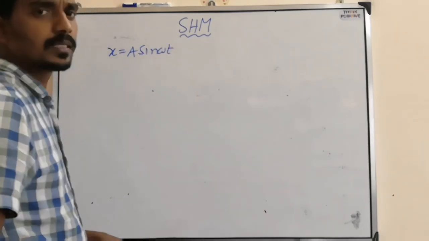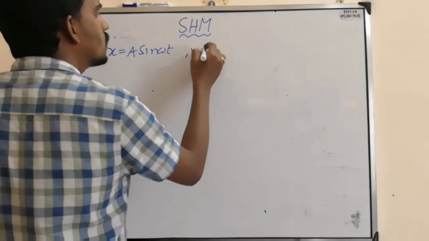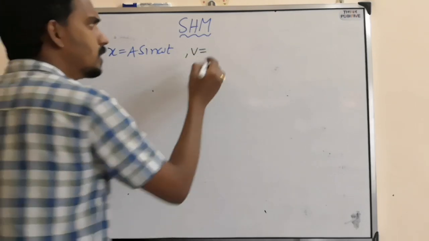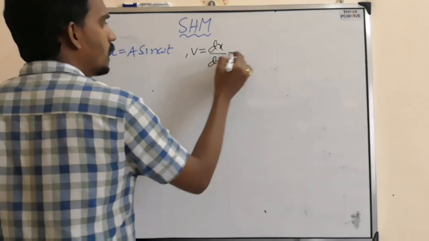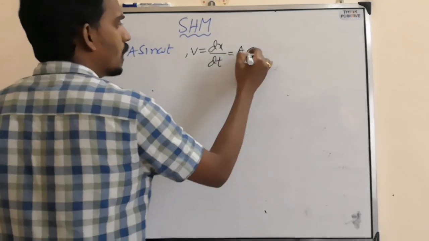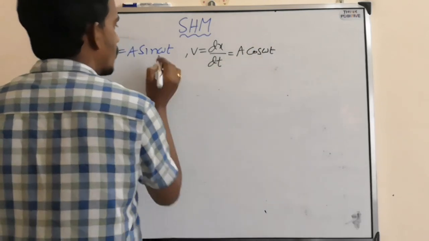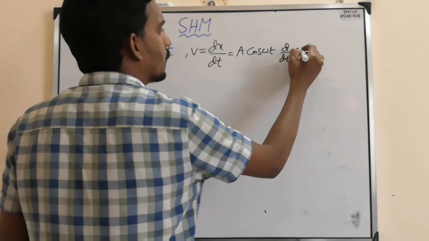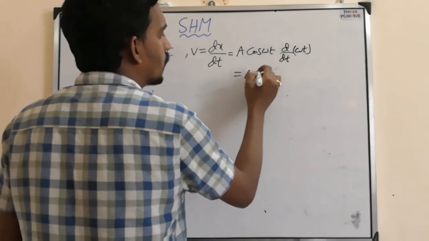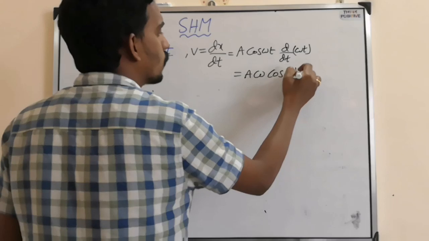Then what else can they ask? Next thing, what is the velocity? Velocity is dx by dt. Here a is constant, differentiation of sin is cos, but here not t is there, omega t. You have to differentiate it again, so that it will become a omega cos omega t.